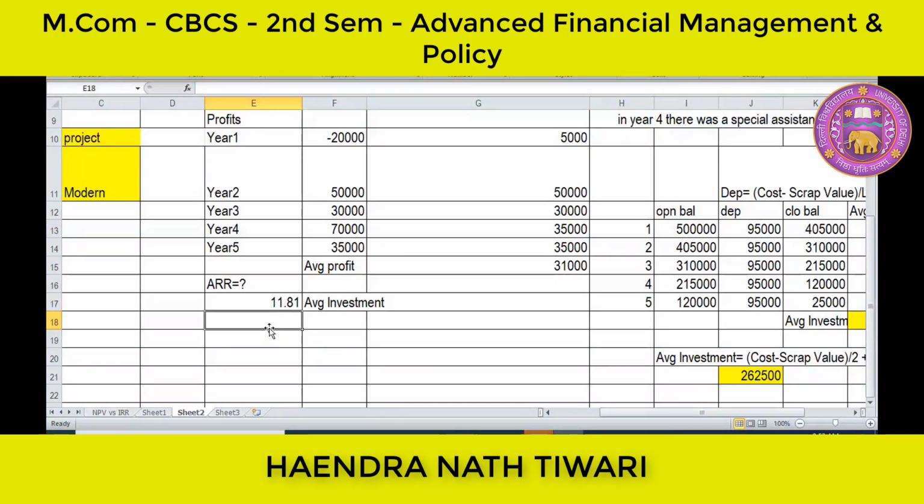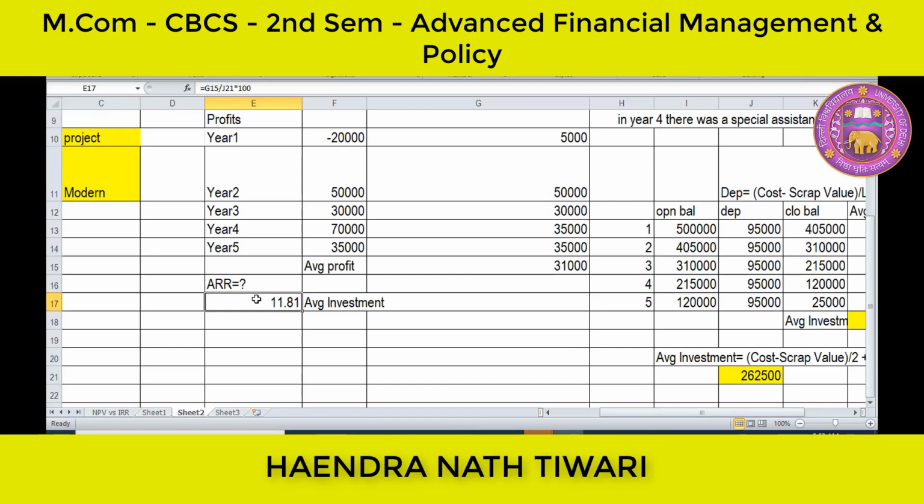Now, if my required rate of return is more than this 11.81, I will reject it. This investment is not worth taking. And if it is otherwise, then this project should be undertaken.